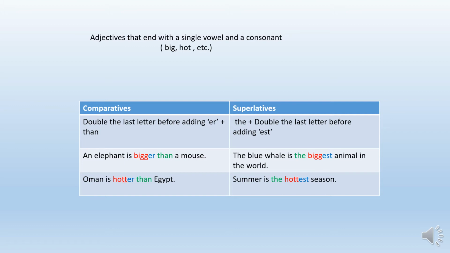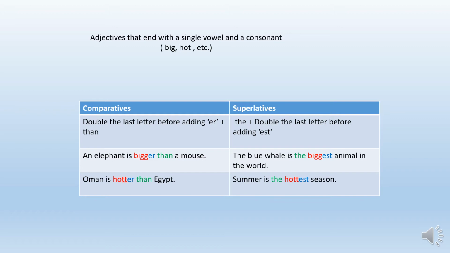I'm comparing the blue whale to all the animals in the world. Here, as you can see, we put the, plus big, plus est, and the G also has been doubled. The last example here is Oman is hotter than Egypt. I'm comparing Oman to Egypt, and the adjective hot plus er, and the T has been doubled.